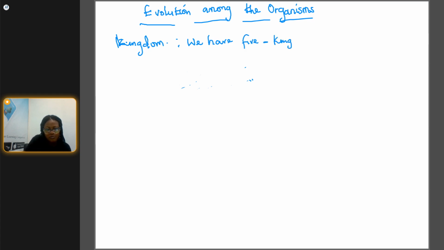We have five kingdom classification, which was proposed by Robert Whitaker.